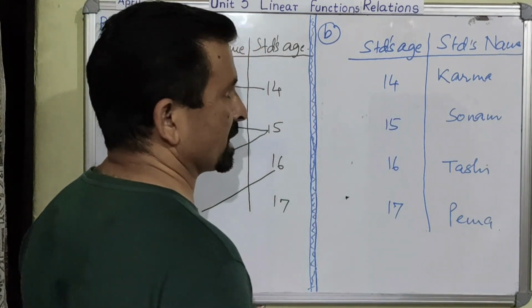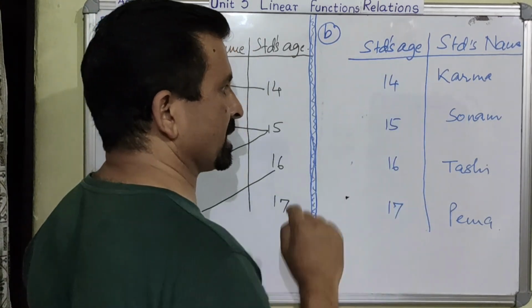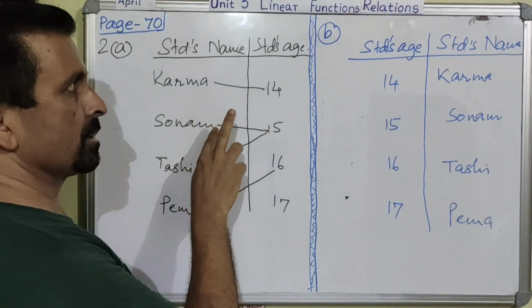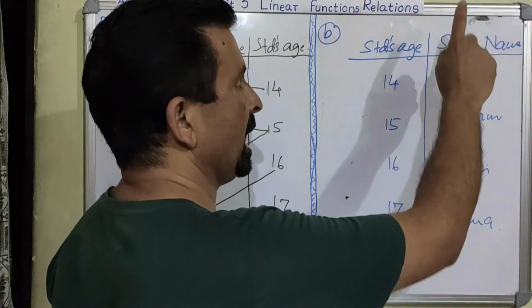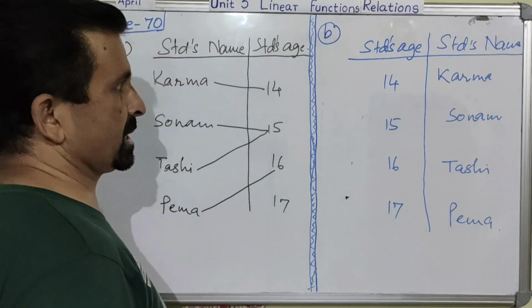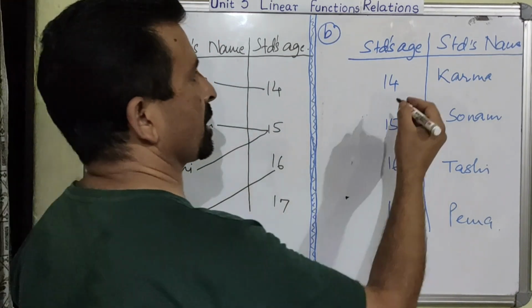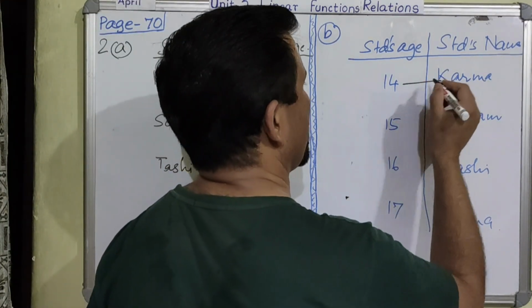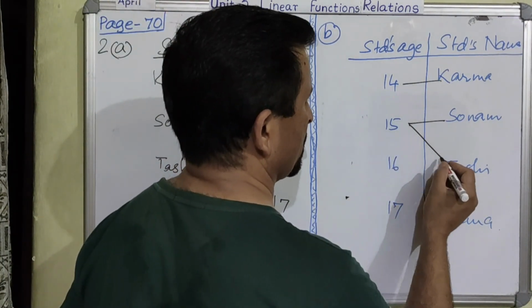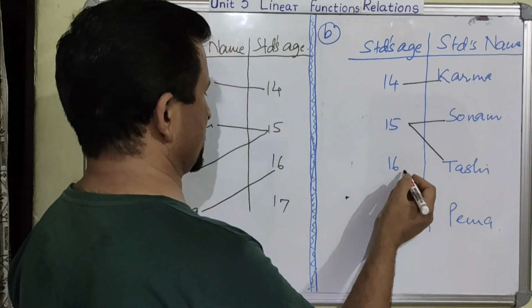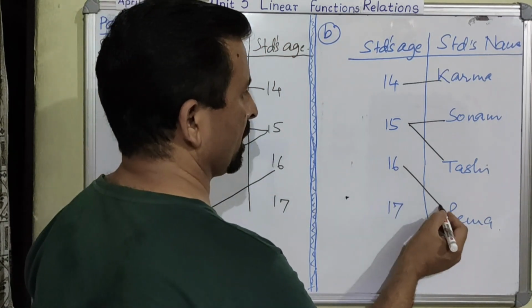Now when I come to this part, we have just flipped the column, right? Now the first column has become the student's age and the second column has become the student's name. 14 is the age of Karma, 15 is the age of Sonam and Tashi also, and 16 is the age of Pema.